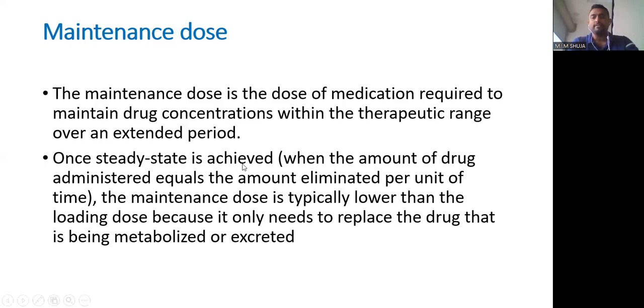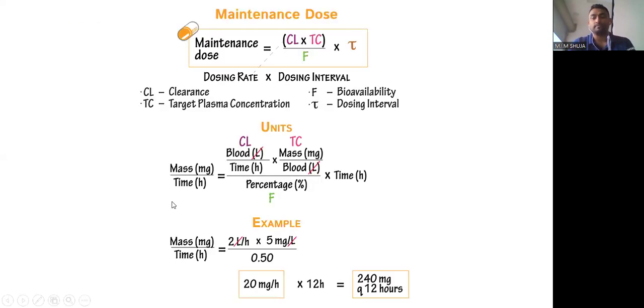Once steady state is achieved, the amount we administer and the amount eliminated are equal. So you have to give a maintenance dose. Again, the equation you have to go through and try to work it out. This is the equation I have given, and this is what is denoted by each term.